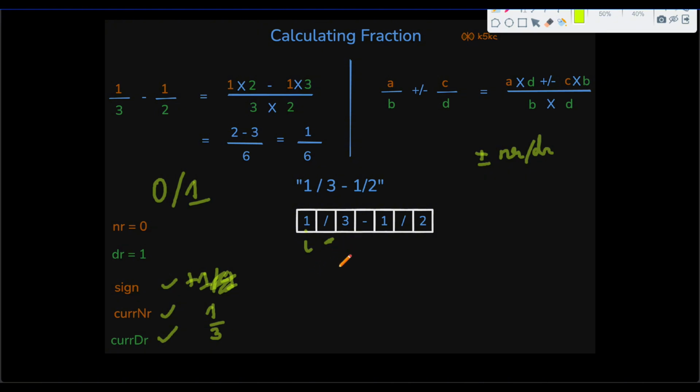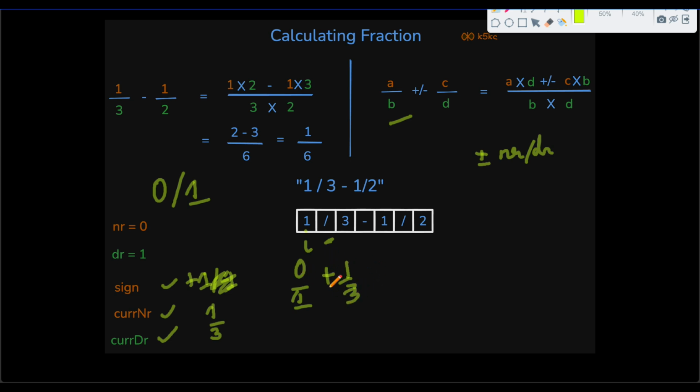And now that we have parsed both current numerator and current denominator, we will use it to update our result numerator and denominator by using the same numerical technique that we discussed initially. So our result numerator by denominator was 0 by 1 and our current numerator by denominator is +1 by 3.